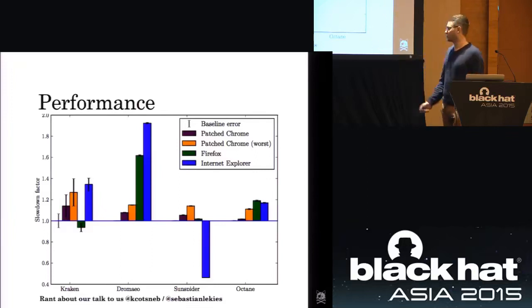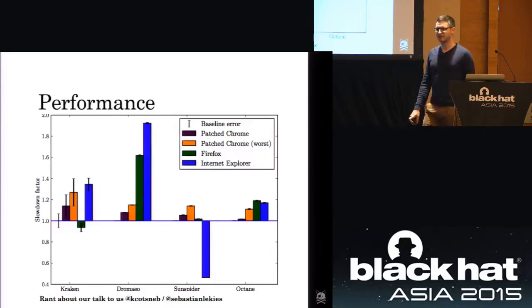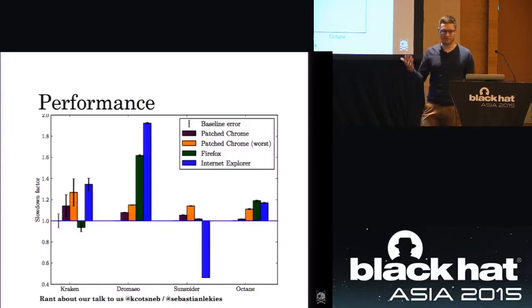Very interesting to note in this, you see that Internet Explorer is way faster than any other engine on the Sunspider benchmark. And we did a little bit of digging, and it turns out that according to Microsoft, Internet Explorer has a dead code detection mechanism. And so the Sunspider benchmark actually has one loop, which is very computationally expensive.